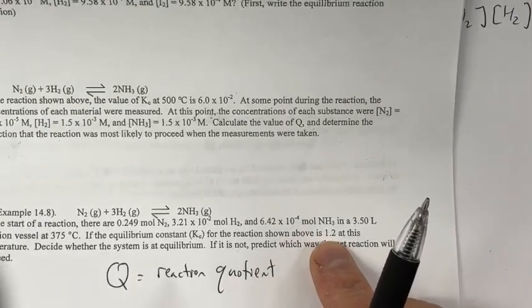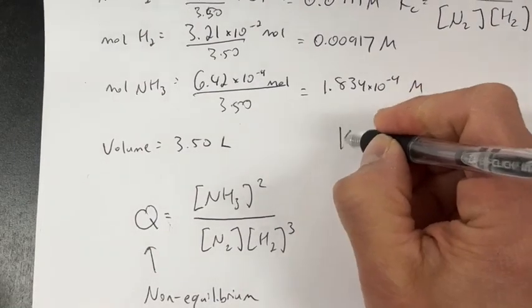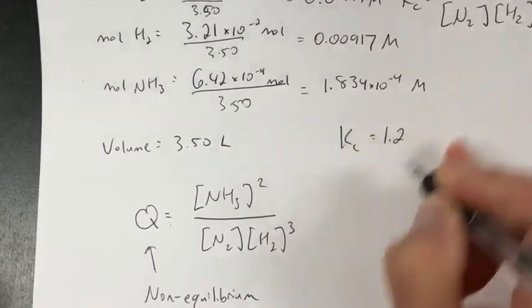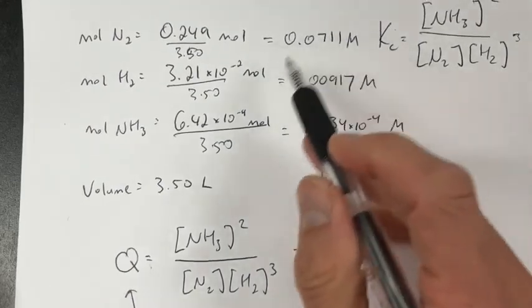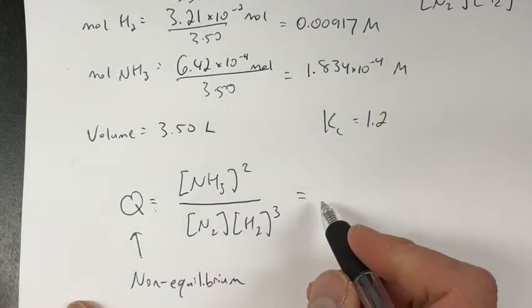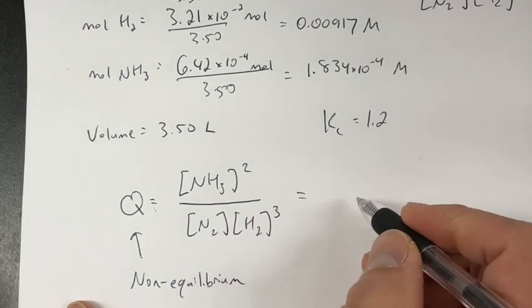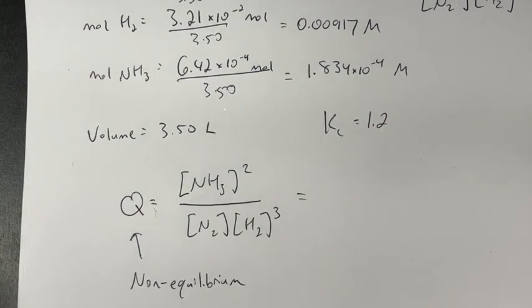So K in this problem here was 1.2. Okay? So I know that Kc is 1.2, but I need to take these numbers here now, and I'm going to plug them into this equation. So I plug them in here, and I see what I get, and now I'm going to compare it to K. So we'll do that in a second.